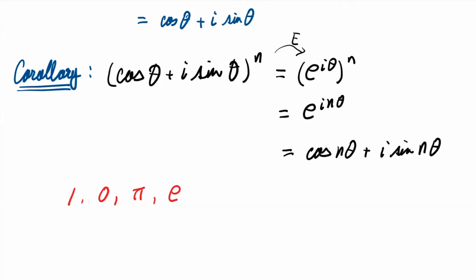I told you the definition of e. Somebody give me the last one. i, right? i is a natural constant, square root of -1.